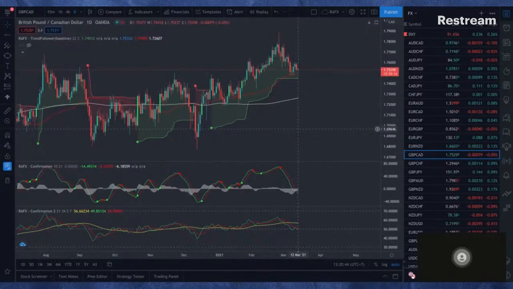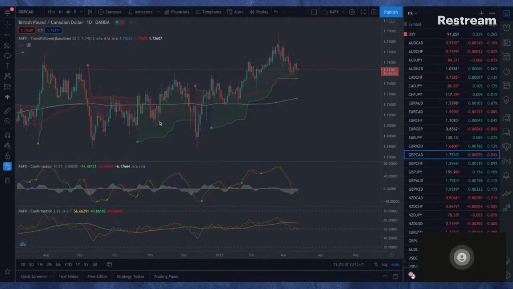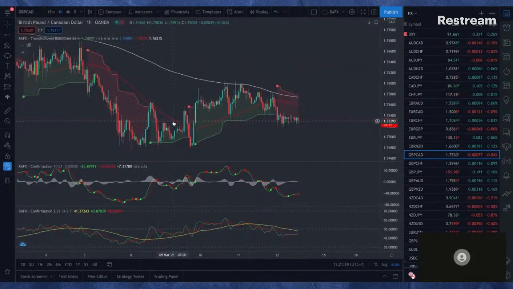GBP CAD is a good one to look for a buying opportunity because it has just started its uptrend and the price is close enough to the baseline, so this is a good entry. So it's a good opportunity to long, but your entry trigger is in the 1 hour time frame.